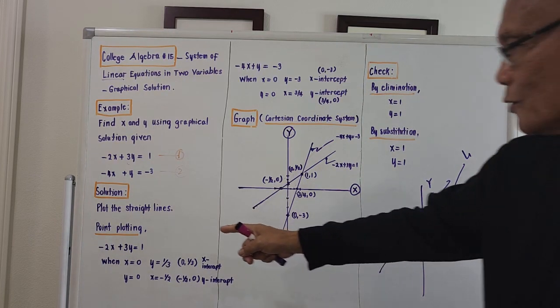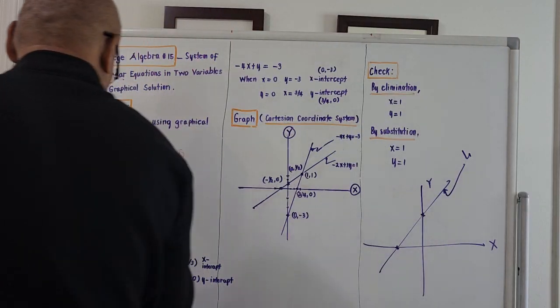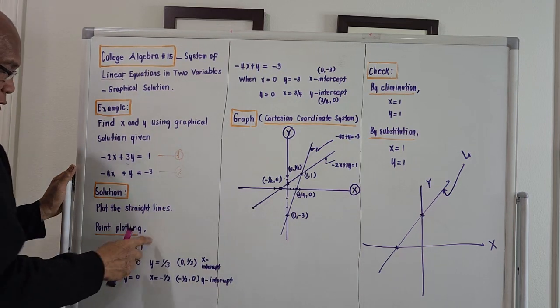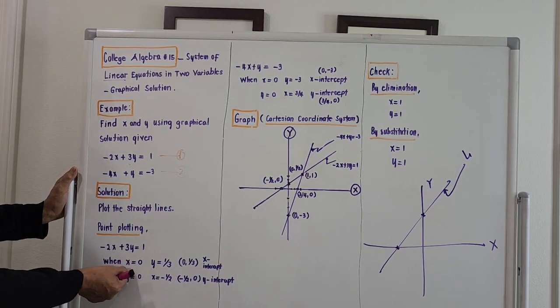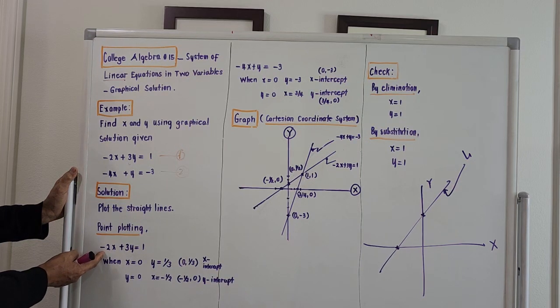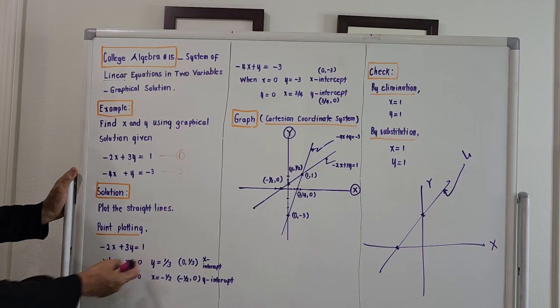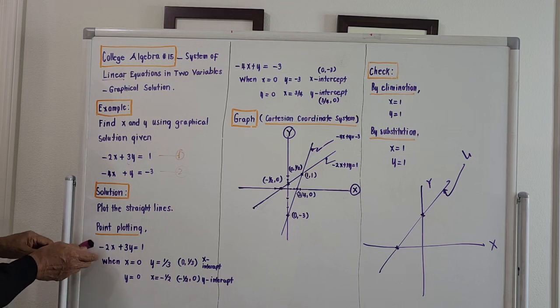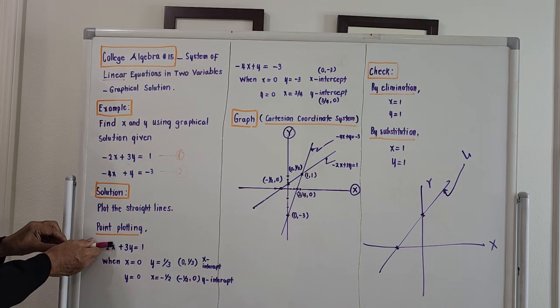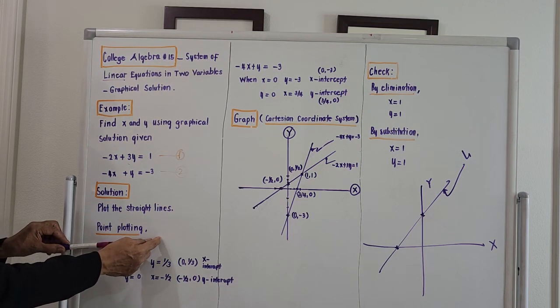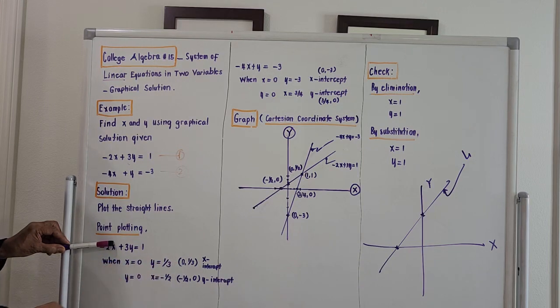So for the first equation, minus 2x plus 3y equal to 1, if I place x equal to 0, then 3y will be equal to 1, so y will be 1/3.